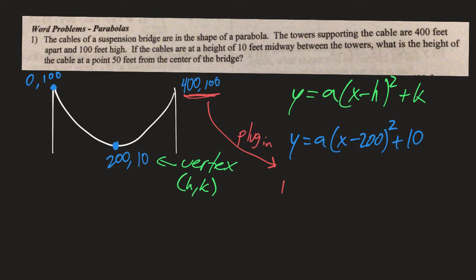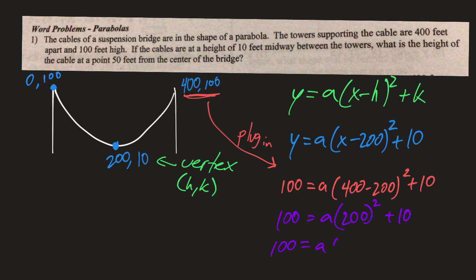And so my y value is 100. Don't know a yet. We got 400 minus 200 squared plus 10. And let's solve for that a value. So we'll do 400 minus 200 is 200 squared plus 10. And this actually ends up being a pretty large number. It's 40,000 when we square it.